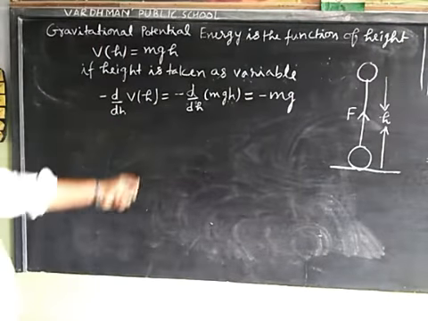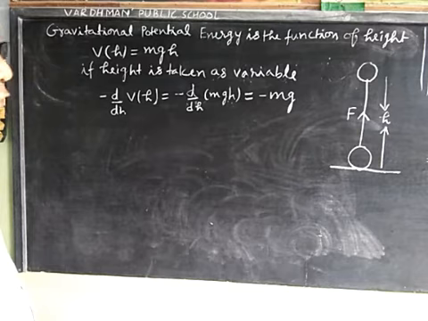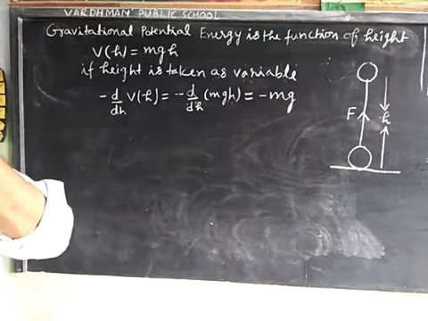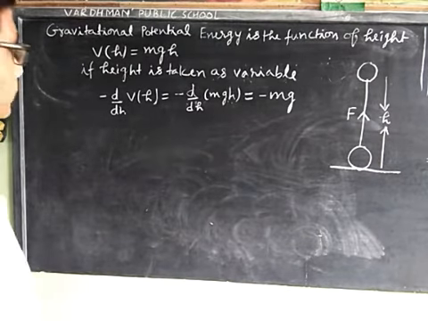What does the negative sign show here? The negative sign shows the gravitational force is in the downward direction.